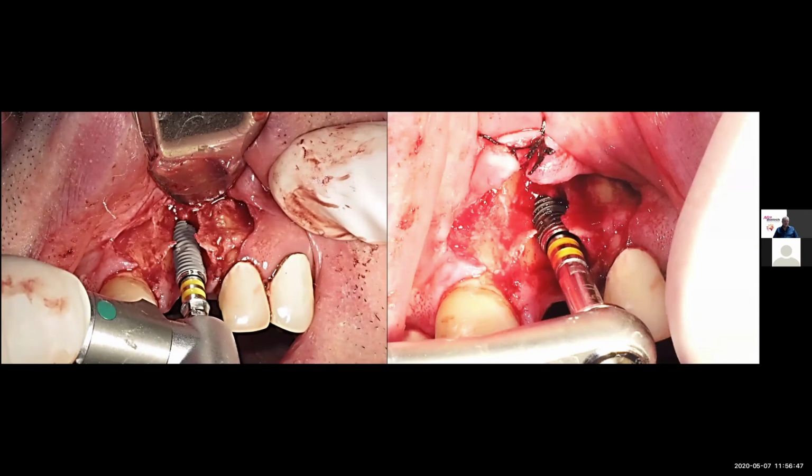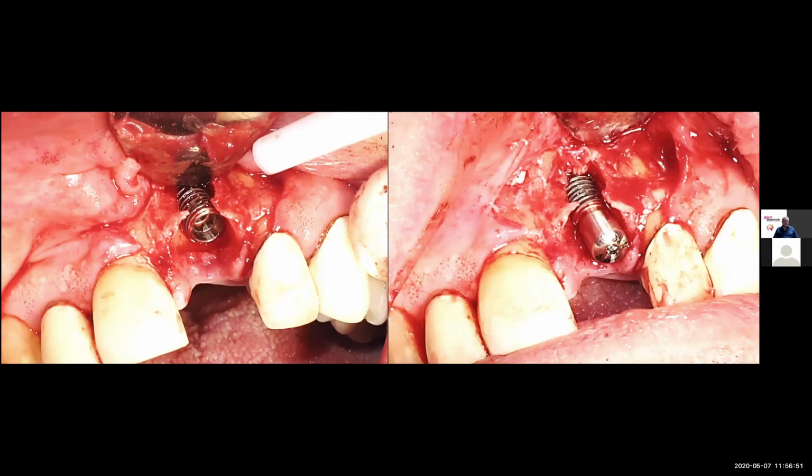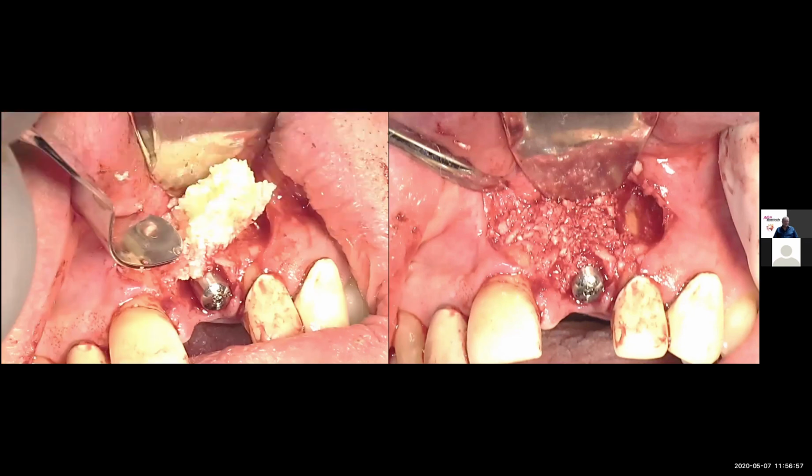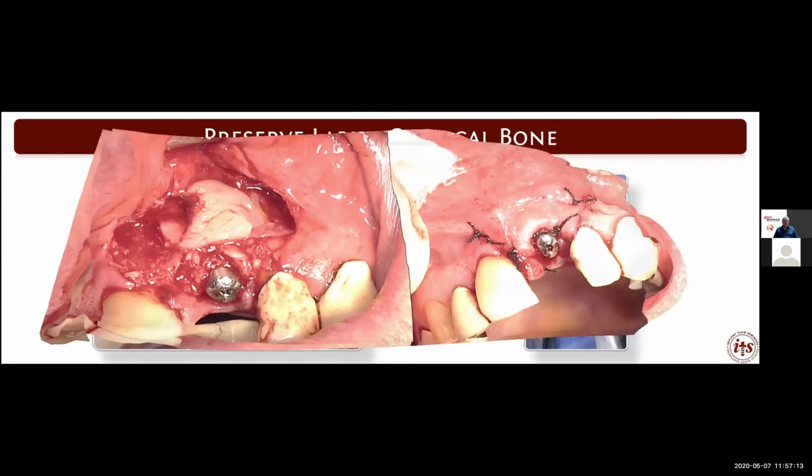The implant is situated in place, so it's quite stable. Healing abutment is going to be in position, and on top of that, we'll do a graft. This will work again if that implant is within the cancellous compartment. Outside the cancellous compartment, the graft and the implant will not work. So here a membrane is placed and the area is sutured.